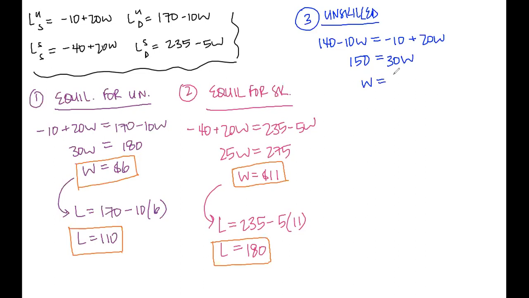So we see that wages are now $5 in equilibrium. I'm going to plug this back into the new labor demand equation. So we have labor equals 140 minus 10 times 5. So 140 minus 50 equals 90.